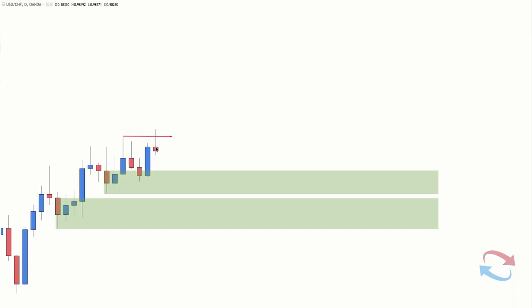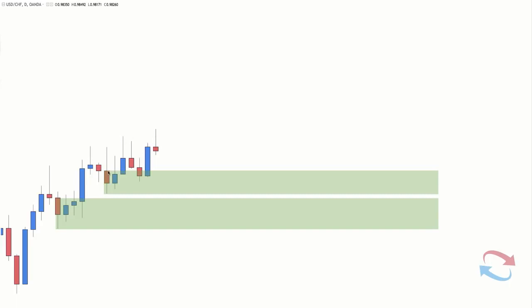Now again, you could draw a demand zone around here as well, as this would be the area where the last bearish candle before prices did make a new high. But personally, I prefer to not draw it, as the demand zones can get a bit overwhelming on a price chart if you were drawing these types of demand zones.